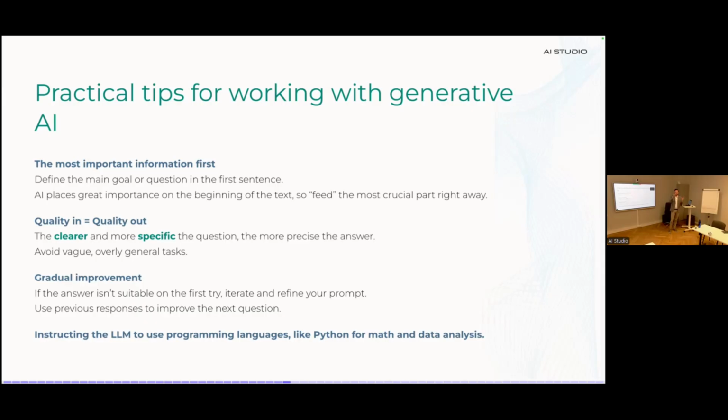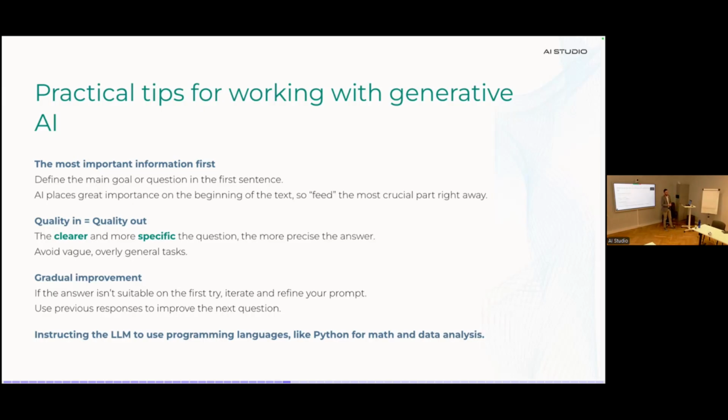So the first words are weighted more than those at the end. So write what's most crucial at the start of the prompt. Quality in, quality out. Garbage in, garbage out. You have to be specific about what you need. If you are not specific, you will get garbage output from AI.